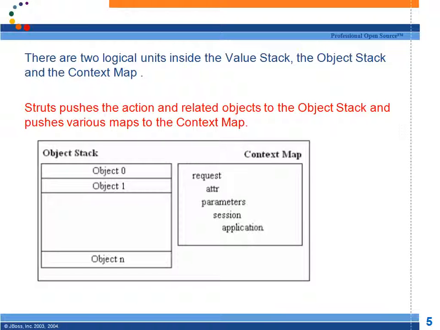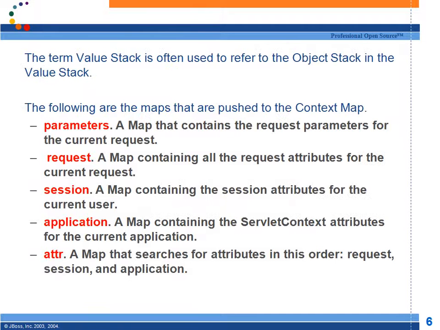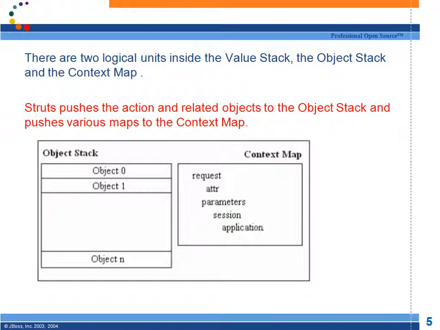As I told, there are 5 types of maps: request map, attr map, parameters map, session map. Okay, next. The term value stack is often used to refer to the object stack in the value stack. Generally, the value stack has both the object stack as well as the context map. But generally, people use the name value stack to refer to this object. Okay.